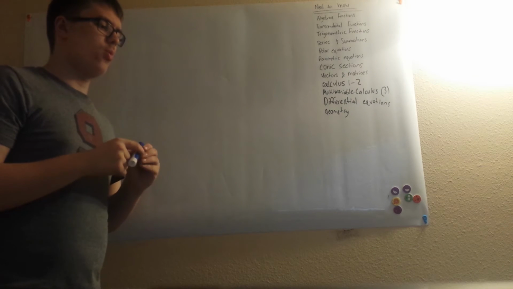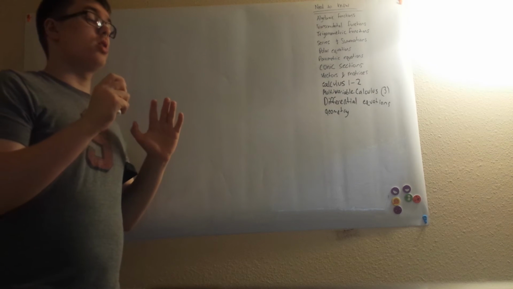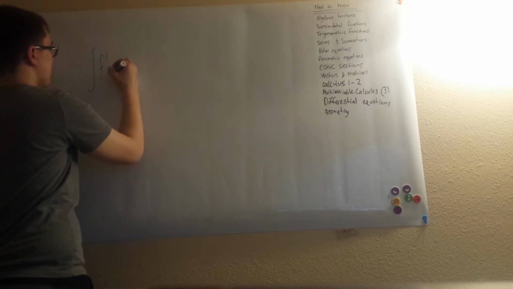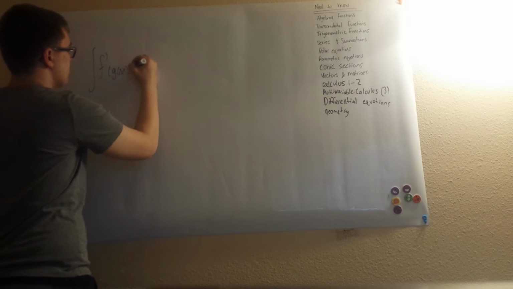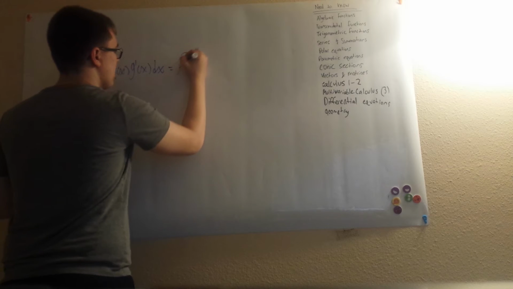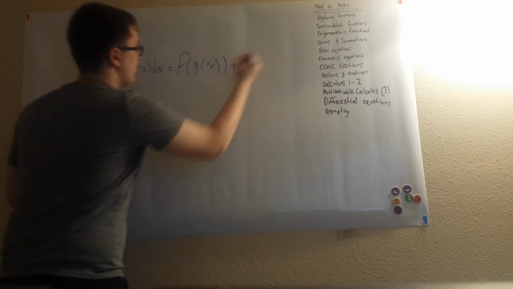Now, after doing this a while, you gotta remember the form. Remember? The integral of f prime of g of x times g prime of x dx equals your f of g of x plus a constant.